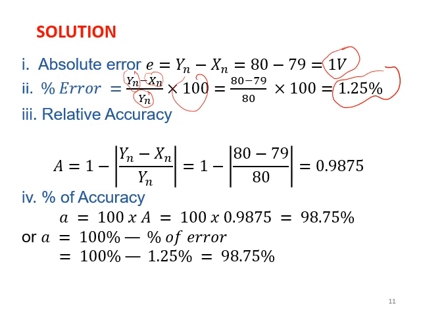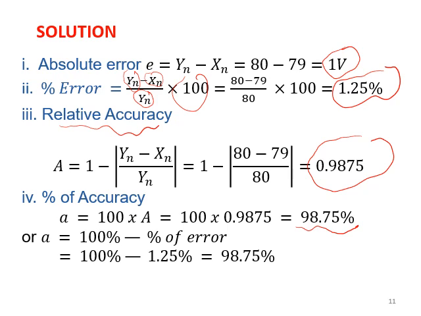How about accuracy? Accuracy, as I said, we can obtain in two different ways. We can say A is equal to 1 minus the absolute of yn minus xn over yn, which equals 0.9875. That's the accuracy. If I want to put it as a percentage, you multiply it by 100, and it's 98.75.